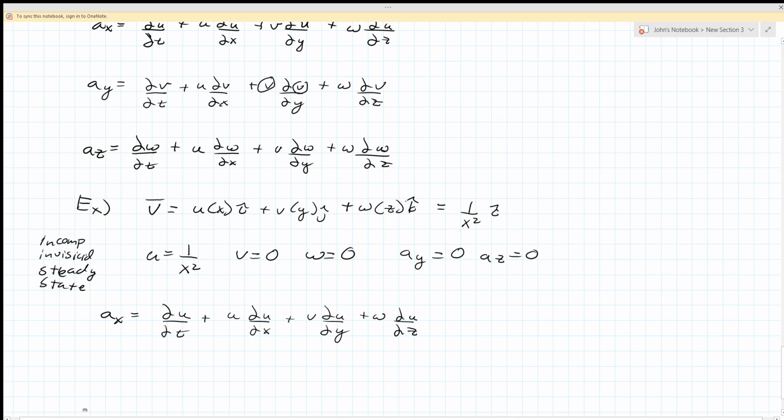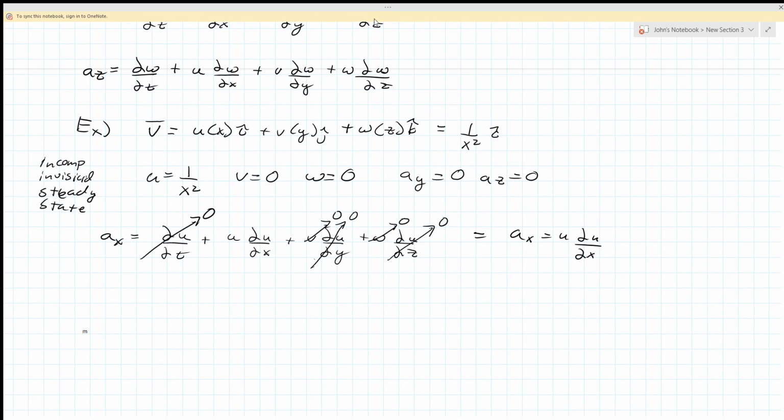Well, there's no change with respect to y, so 0, and also v and w are 0, so 0 times 0 is 0. Steady state, not changing with time, so ax is u partial u partial x. Need a little bit more space.